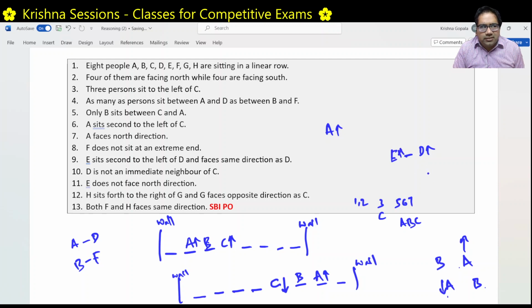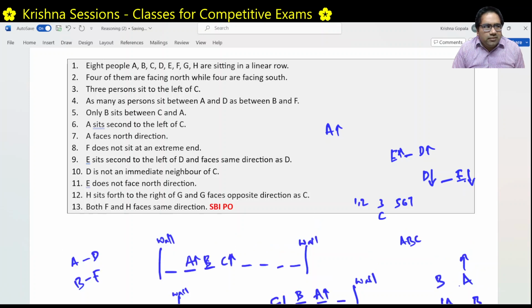Because they are in the same direction. If D is south, then E will be here, second to the left of D, right? This is condition number 9: D is not an immediate neighbor of C, and E does not face north direction. That means E is facing south direction only, right?